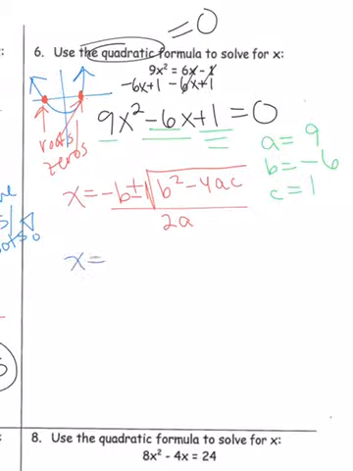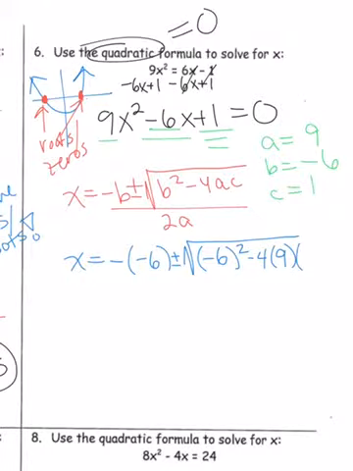We've got x equals negative 6 plus or minus the square root of negative 6 squared, parentheses, guys, minus 4 times a, which is 9, times c, which is 1, all over 2 times a. Just filling it in. Again, what's underneath the radical here, you should be putting directly into the calculator.